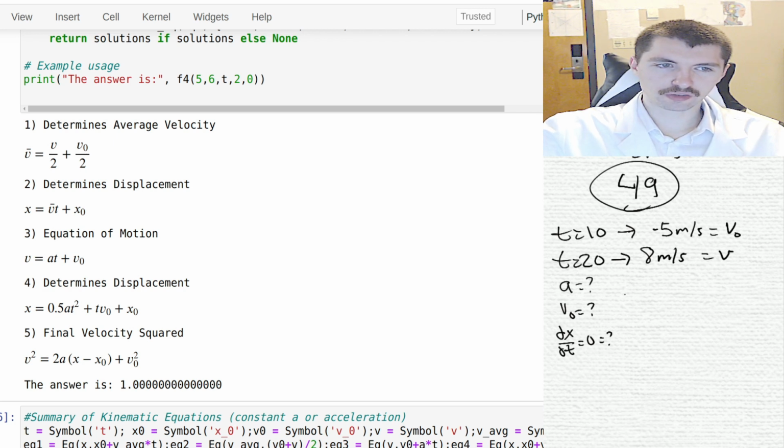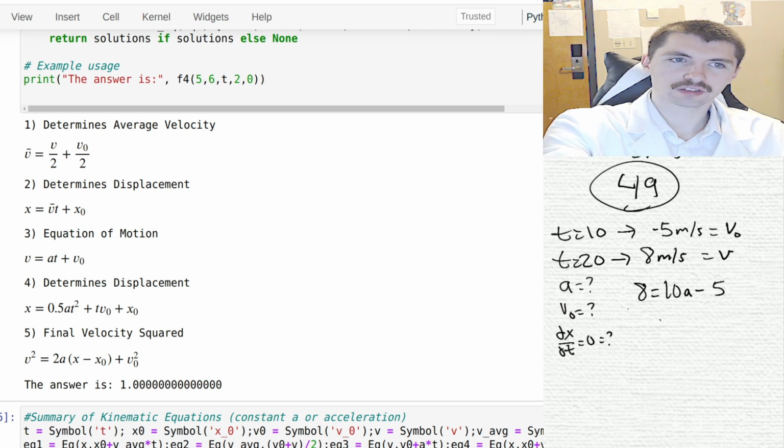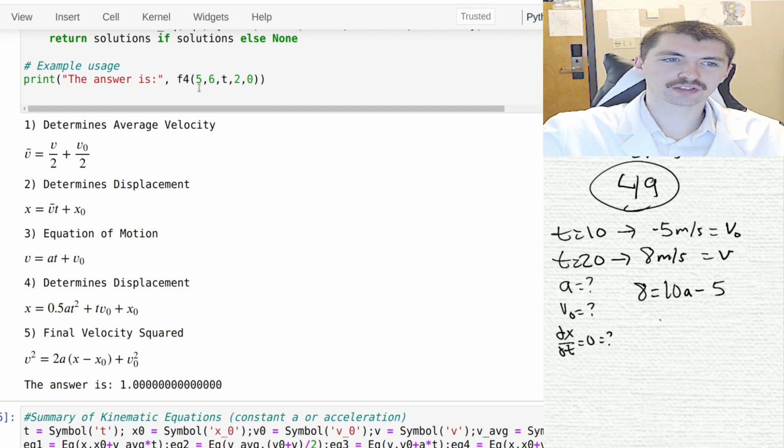Here we want to solve for A, so it should be V. Should be 8 equals time. So wouldn't that be 20 minus 10? So 10A minus 5. Thinking it would be that. So we're using equation 3.